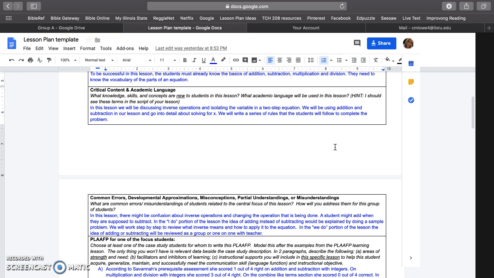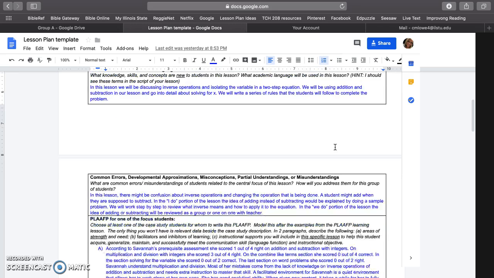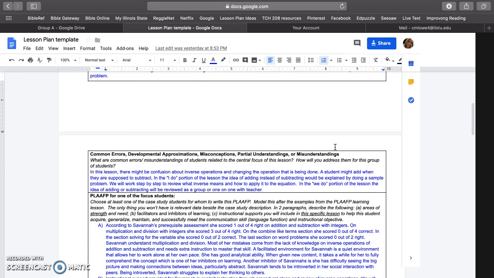Also with her word problems, she was doing the opposite inverse operation. So if she was subtracting 6 from both sides, she was adding them instead. So we really wanted to focus on that. And so our equations basically are trying to get her to understand the operations for the inverse operations.